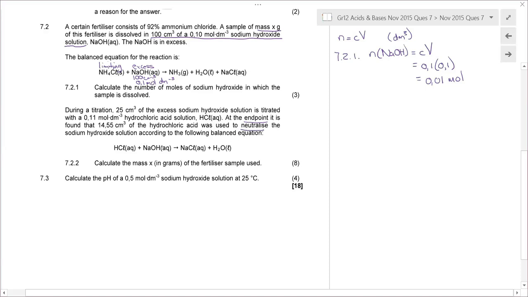So this is a neutralization reaction. It is important to notice whether a reaction is neutralized or the endpoint is reached, or whether we have a situation like this first reaction where something is in excess.